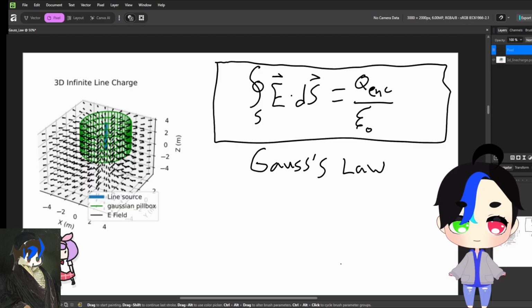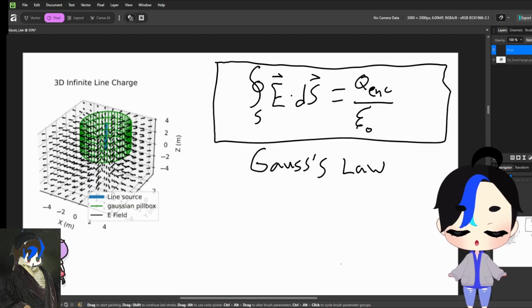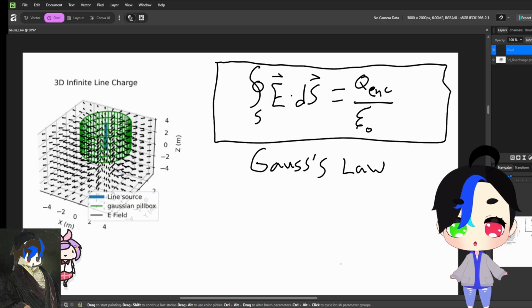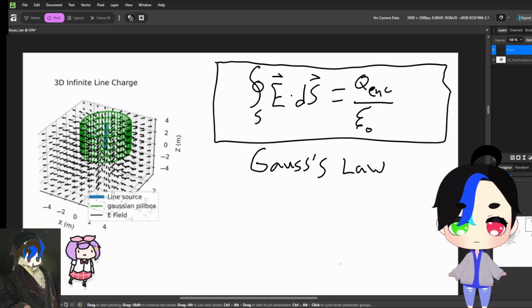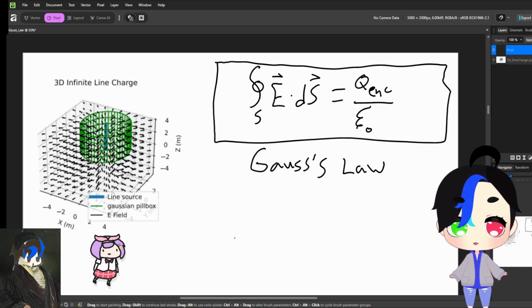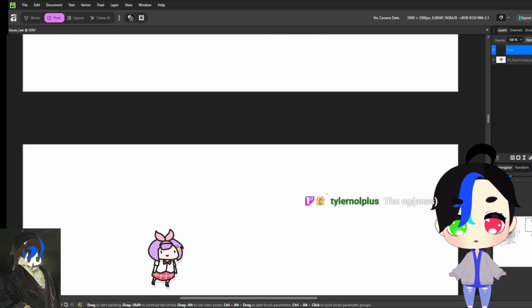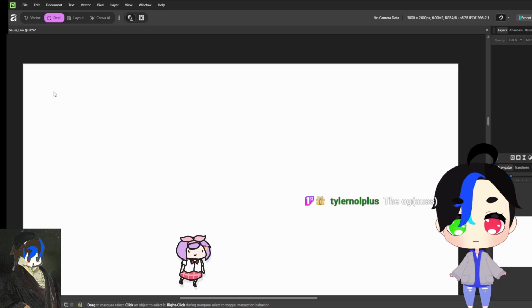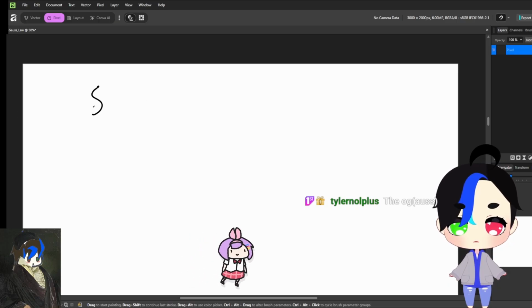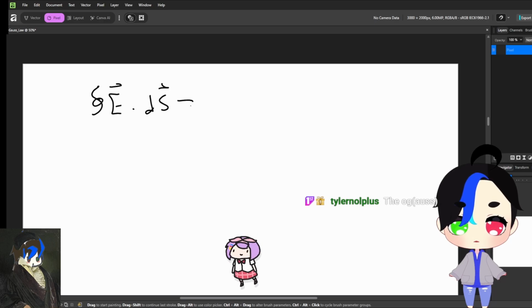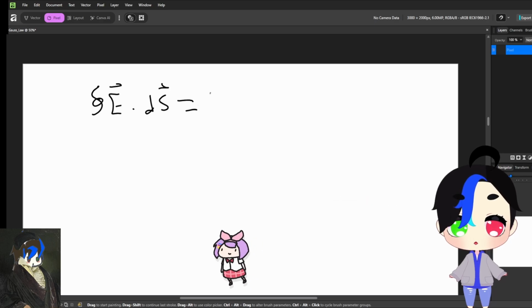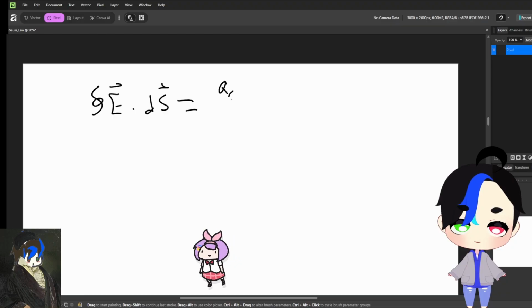So this is the integral form of Gauss's law. We also have a differential form as well. We can convert between the two by exploiting one of Gauss's other theorems.